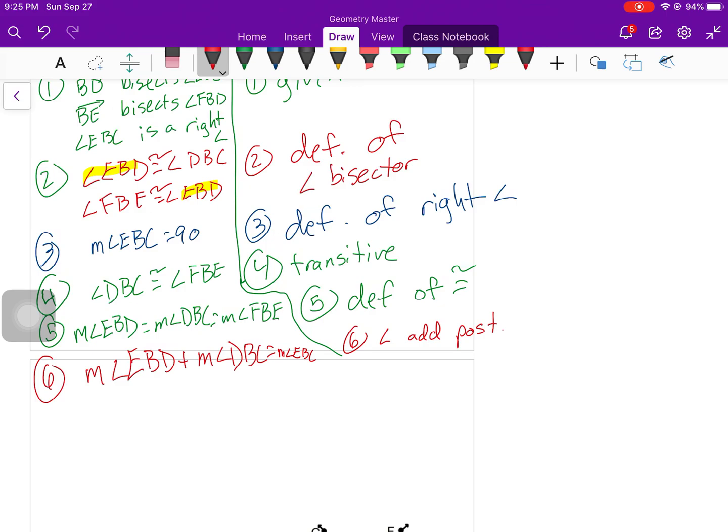Okay, I know what the measurement of angle EBC is, and I know that angle DBC is the same thing as angle EBD. So for step 7, I can say the measurement of angle EBD plus the measurement of angle EBD equals 90 by substitution.